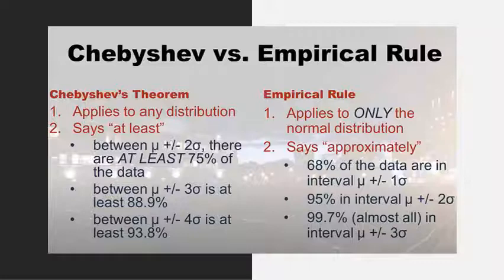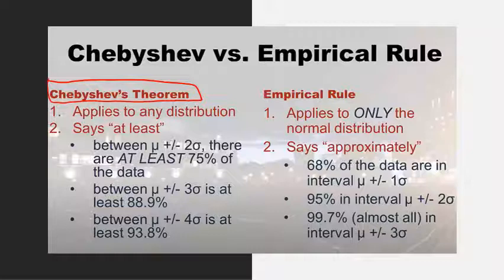Now, Chebyshev's Theorem is almost like a generic rule that applies to almost any distribution. So it's way more generic and much less specific about the data.